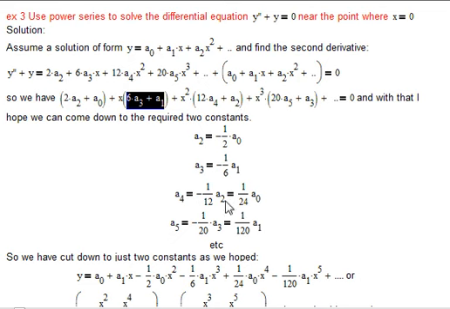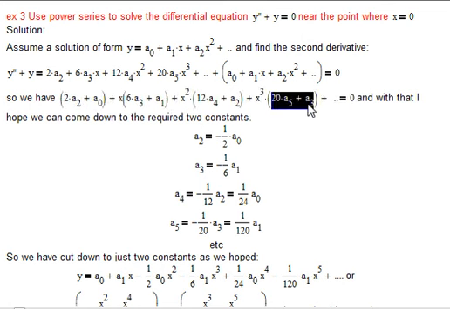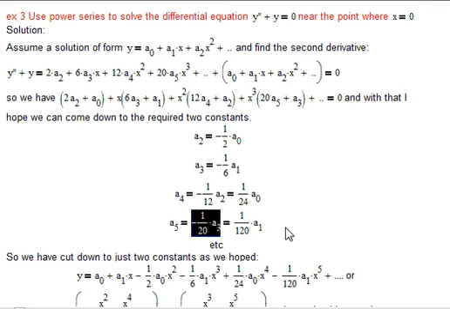Our a4 is negative 1/12 a2, but remember a2 was negative a half a0, so if you multiply those together you get positive 1/24 a sub 0. For a sub 5, well, 20 a sub 5 plus a sub 3 is 0, so a sub 5 is negative 1/20 a3, but since a3 is negative 1/6 a1, we get positive, 6 times 20 is 120, so positive 1/120 a1.